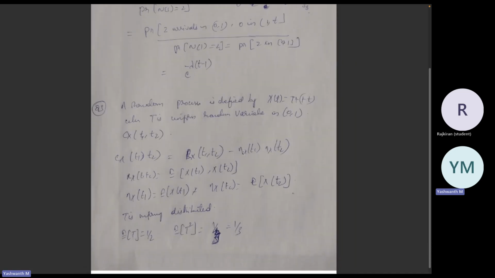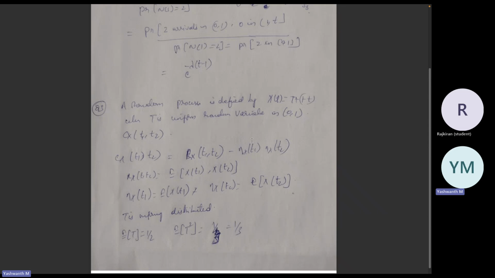And yeah, this is a simple problem. A random process is defined like this: X(t) = T + 1 - t, where small t is a function of time and capital T is a uniform random variable in 0 to 1. You want the autocovariance of the process. The autocovariance is nothing but Rx(t1, t2), the autocorrelation, minus the means at sampling times t1 and t2.